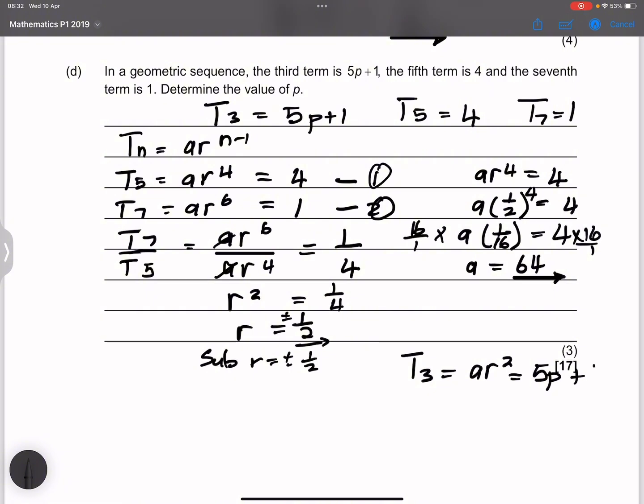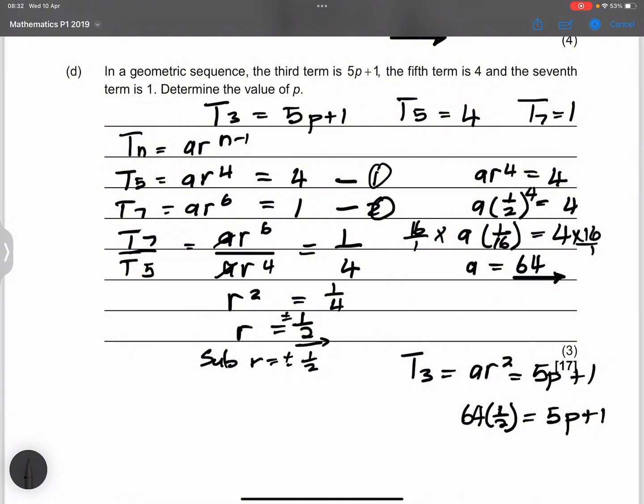Sorry, I don't have enough space, ladies and gents. So our a value, that's 64 into 1 over 2. Remember, that's our r value. And this is equal to 5p plus 1. Now, you could have chosen the minus. In this case, that would have given you negative 64. Either way, you would end up at the same point.